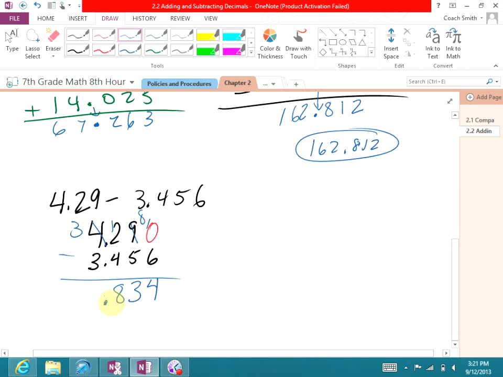Put my decimal, and 3 minus 3 is 0. Once again, just bring the decimal down into the answer. So 0.834. And that's your answer. Okay? All right, any questions over that?